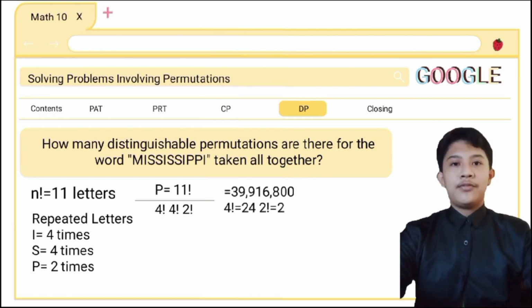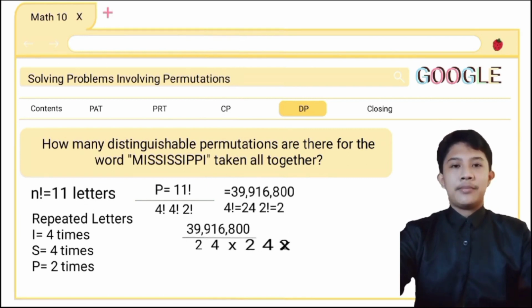And then, the factorials from the denominator. 4 factorial is equal to 24, and another 4 factorial is equal to 24, and 2 factorial is still 2. And our next step is multiplying all the denominator. 24 times 24 times 2 is equal to 1,152.